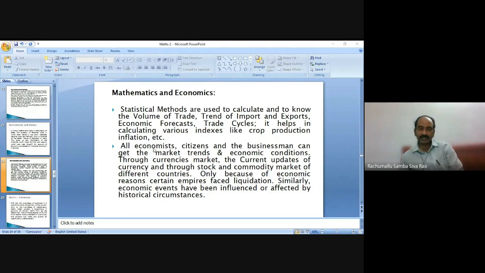All economists, citizens, and businessmen get market trends and economic conditions through the currency market, current updates of currency, and through the stock and commodity markets of different countries.